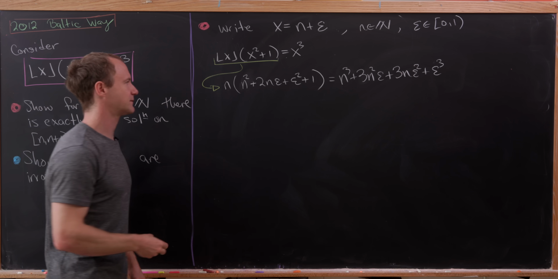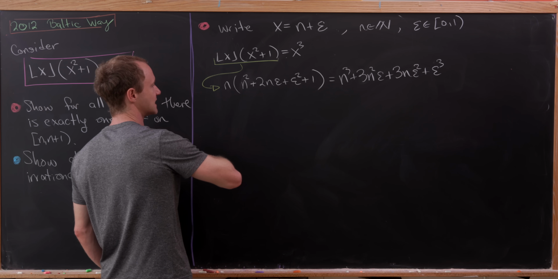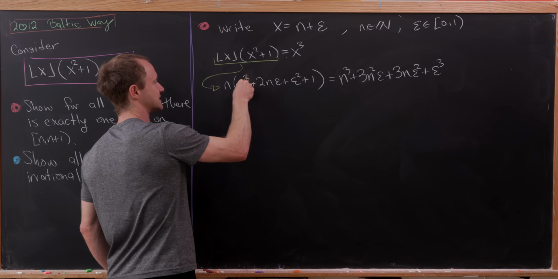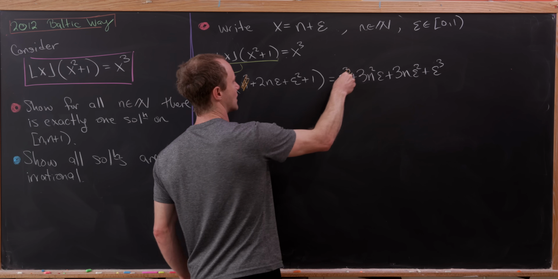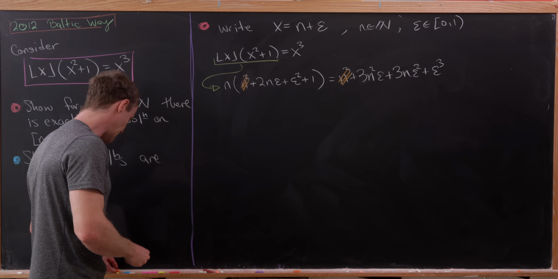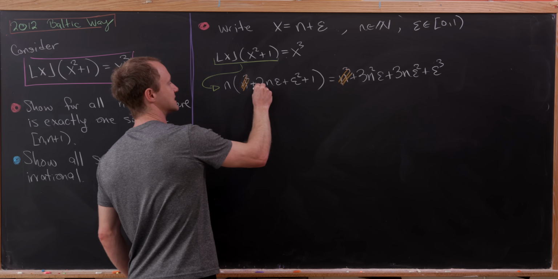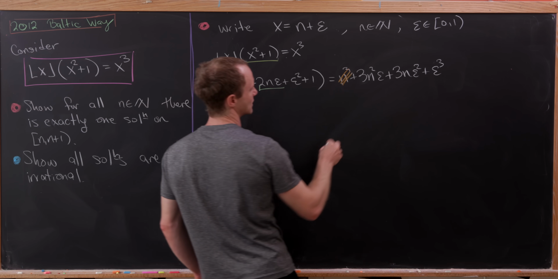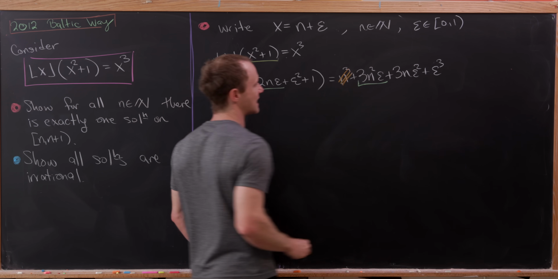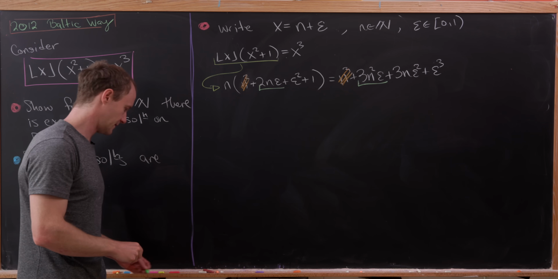And now let's start simplifying some things. So n times n squared is n cubed. That gives us exactly 1 n cubed on both sides of the equation. And then we've got some other like terms. So observe that this n times this 2n epsilon will give us something like this 3n squared epsilon.